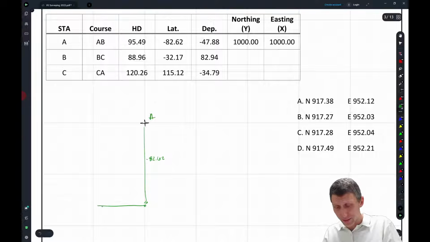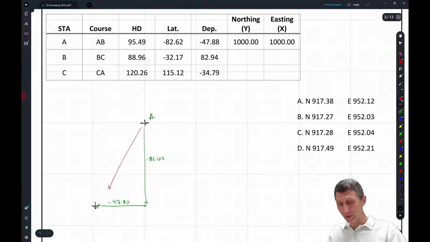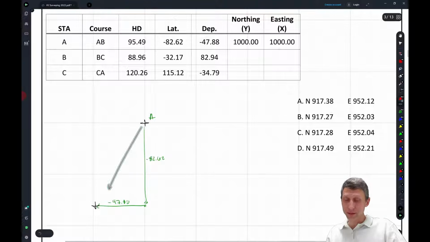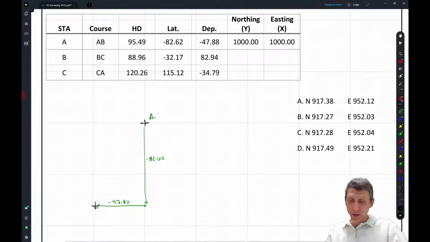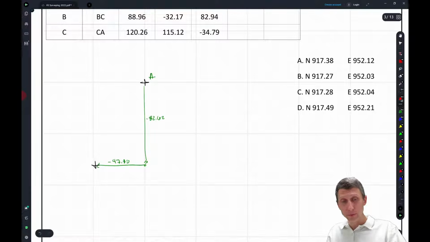If you get a question like this, you don't have to draw it out, but just like a good free body diagram helps you, I think a good diagram will help you if you have some sort of a closed traverse, right? So here we have that distance of 95.49. It would be this straight distance. Okay, so we got our latitude, our departure, and this is from point A to point B. Okay, so this is point B.